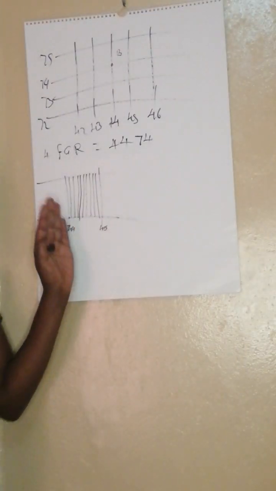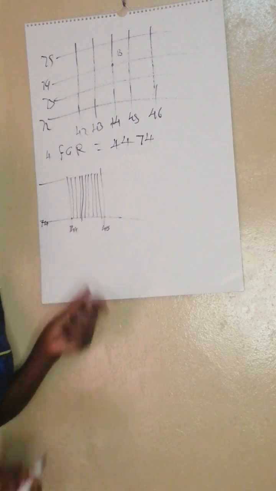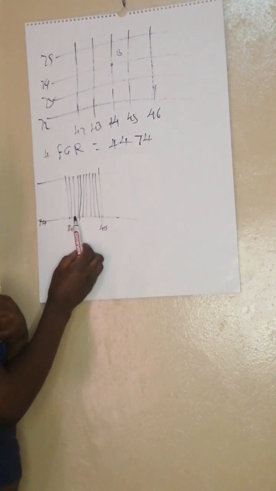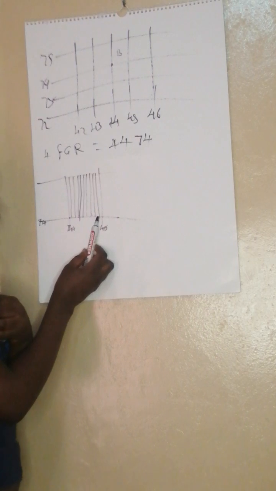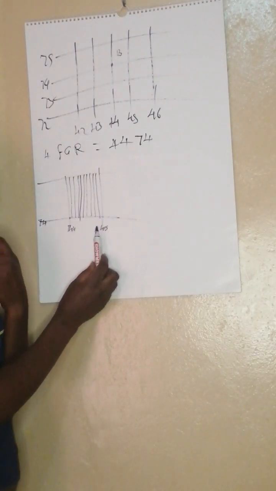So you need to have about 9 lines inside.